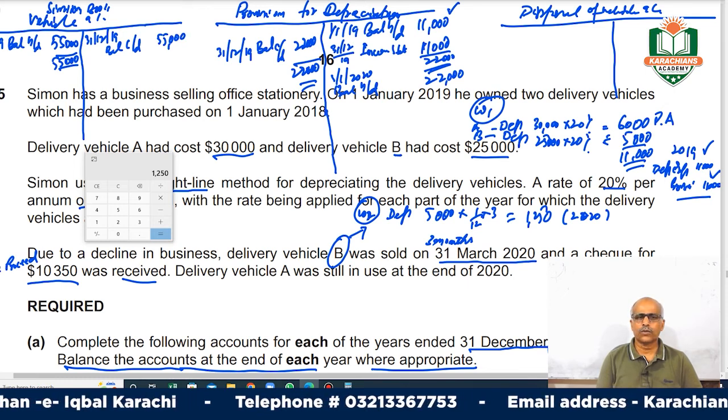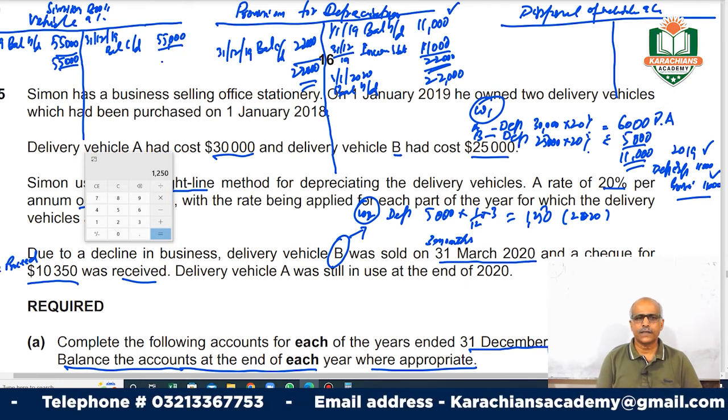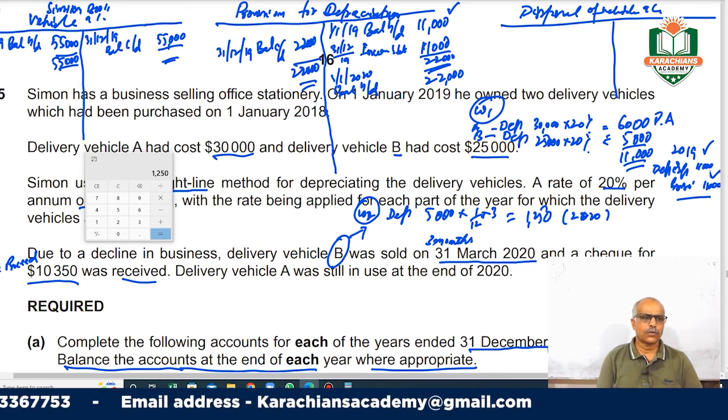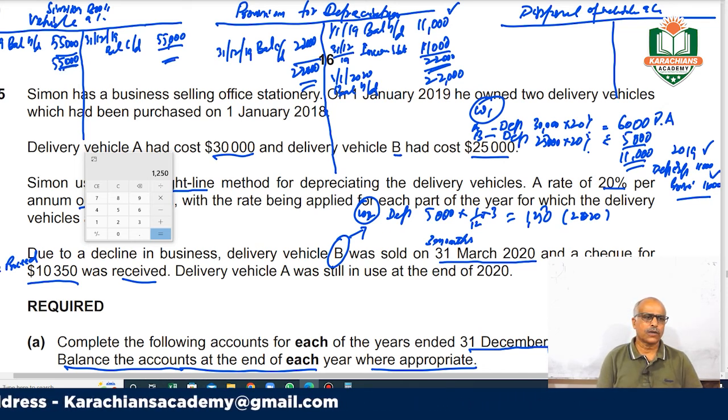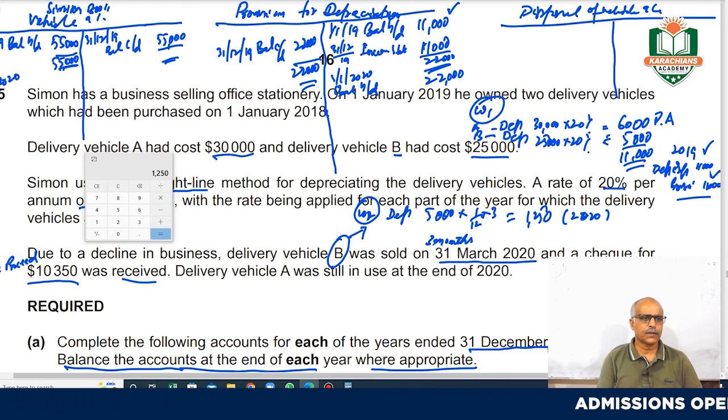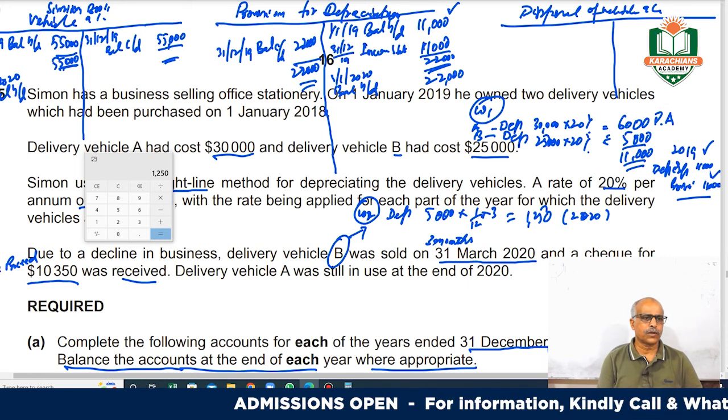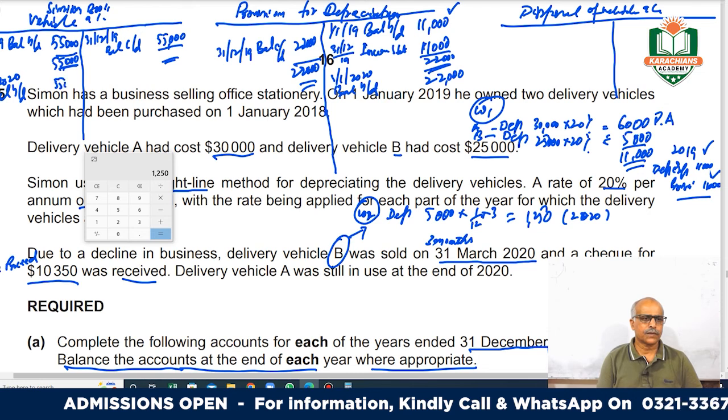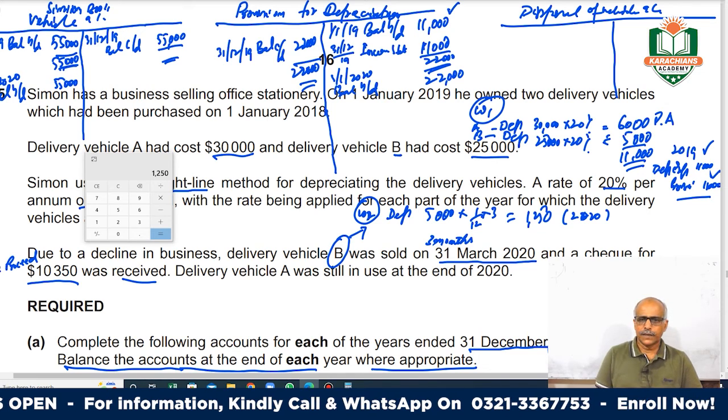There is no addition, no deletion during 2019, right? So this closing will be brought down on 1st of January 2020 as your balance brought down 55,000, right?